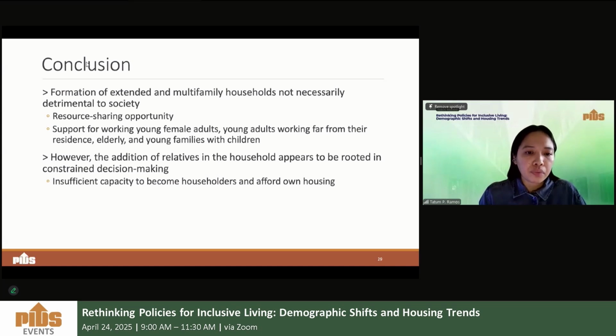However, given all these potential benefits, the addition of relatives in the household appears to be rooted in constrained decision making.